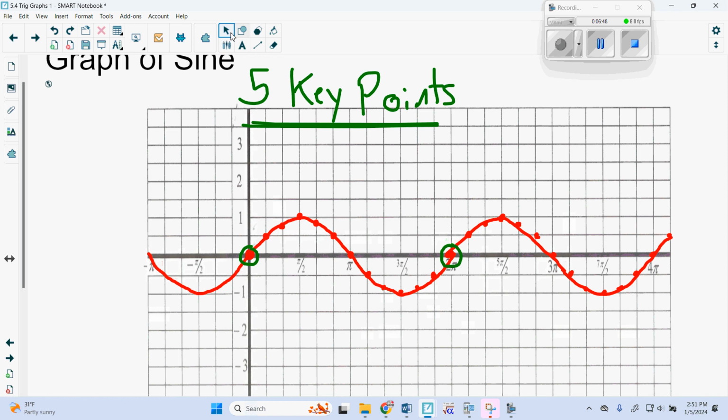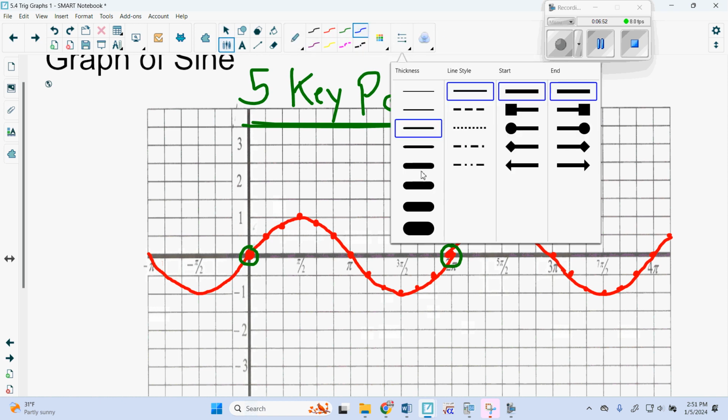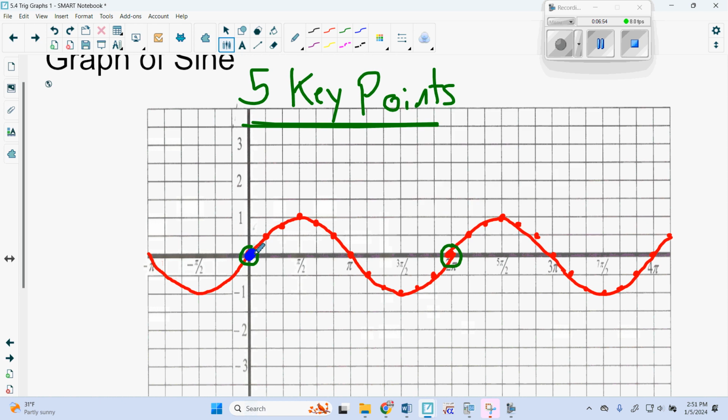So if you consider this one sine wave right there. Now, if I would take that wave, it just repeats down here. It just repeats back here. So this is our one sine wave.